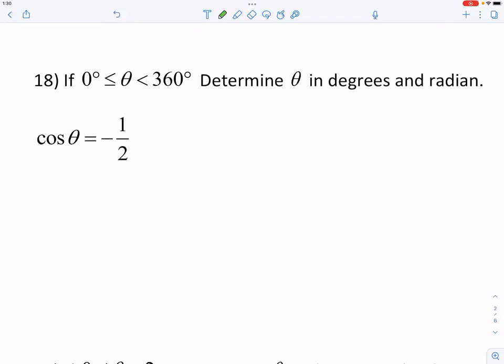So we are basically saying that if the x value on your unit circle is equal to negative 1/2, what are the angles? Can you look at your unit circle and tell? What are the angles?